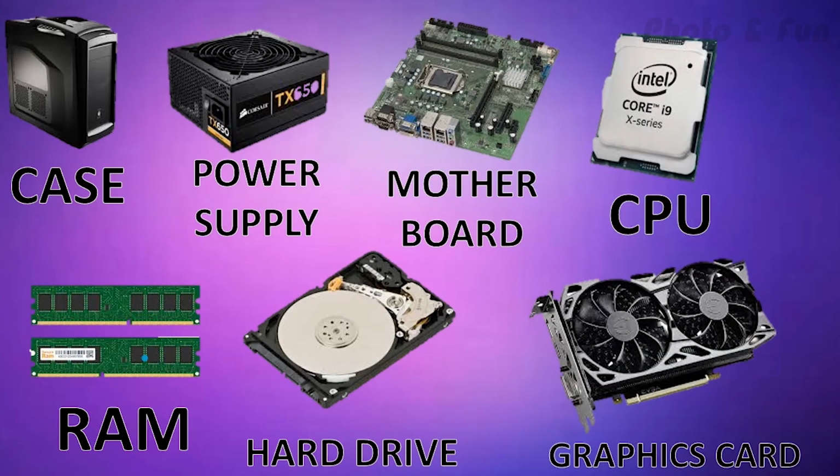RAM is low in data storage but has good accessibility. The hard drive has more storage but has slower accessibility. And the graphics card is the place where your 3D world and videos are made and presented on your desktop computer.